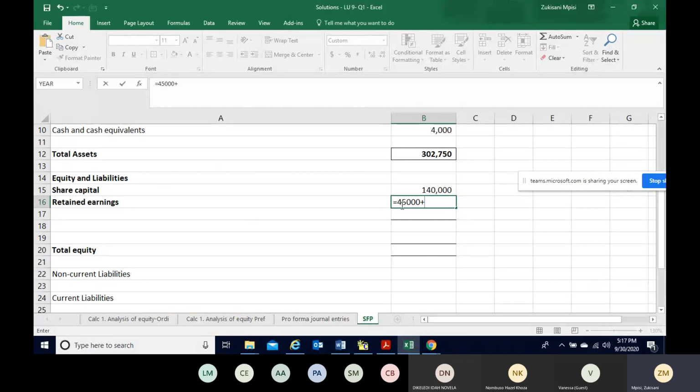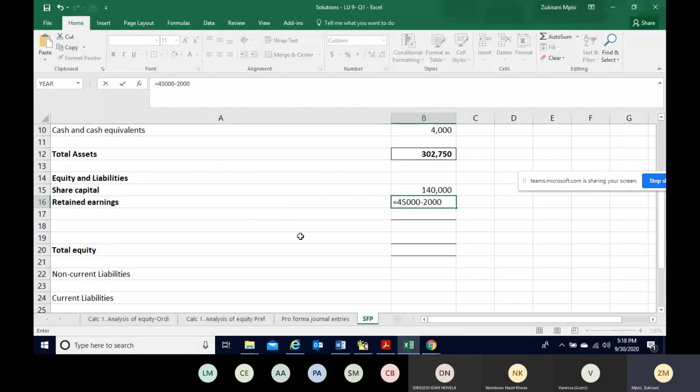Plus, now we need to look at other values that make up retained earnings. So it's going to be minus 2,000. What is the 2,000 for? Remember, it's for the profit that was already made when we did the calculations.